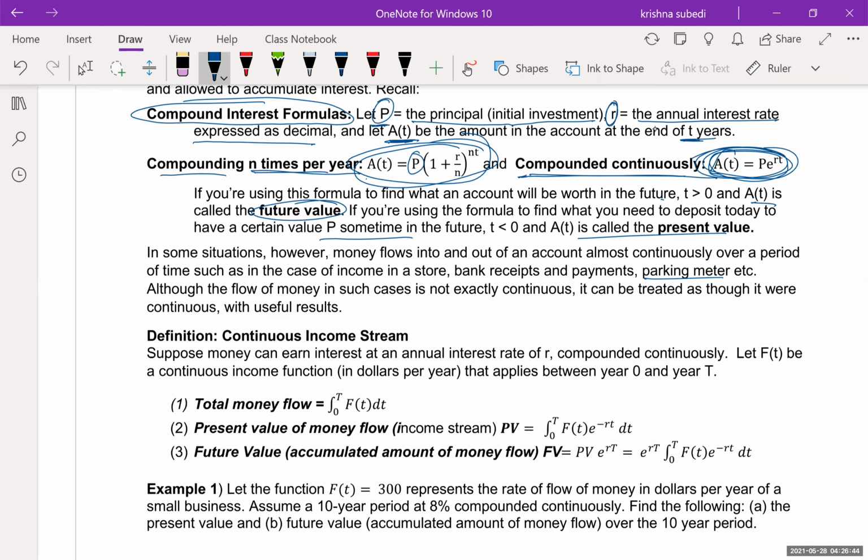In the same way, in a banking transaction, or a cashier in a store, lots of customers buy things and give money on a continuous basis. Even though it's not truly continuous, we can consider that as continuous because people just come and go.